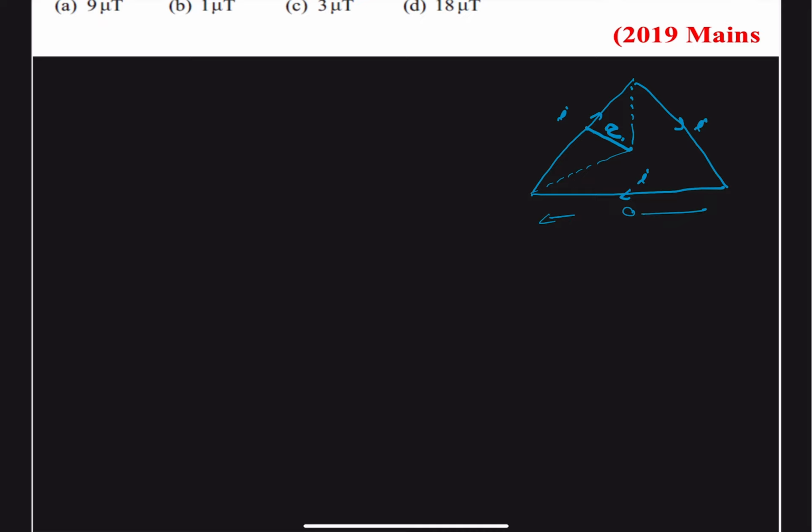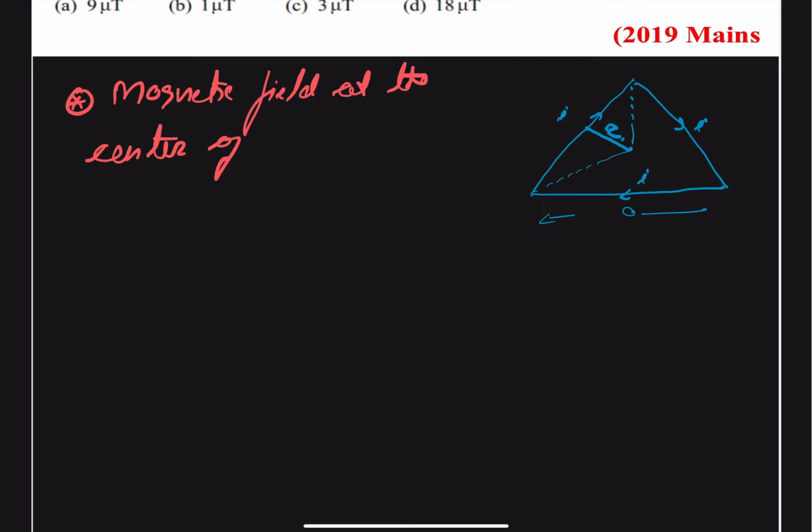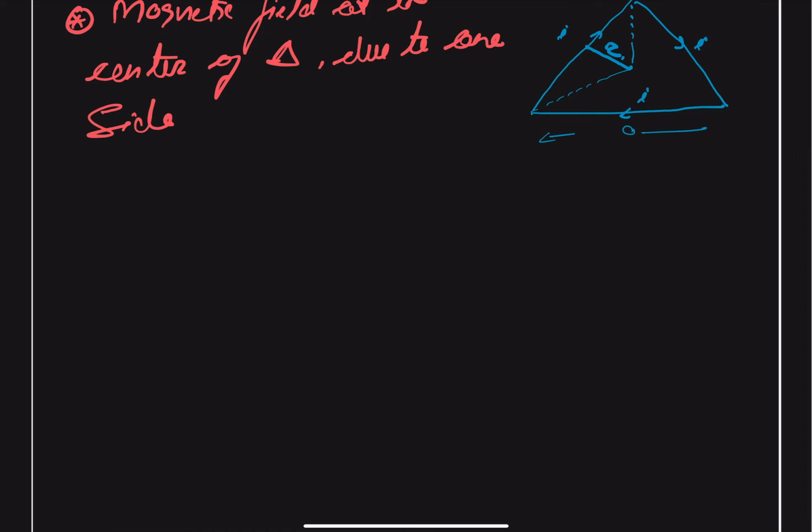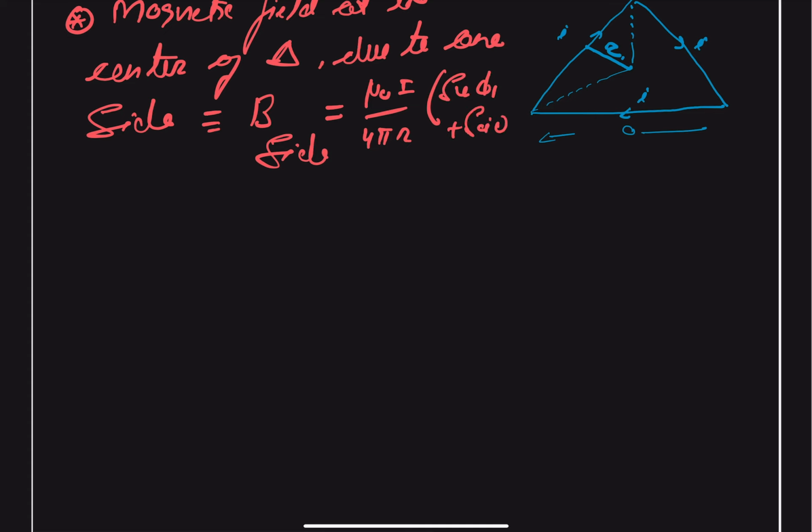And we know now this is a finite wire, so we can write that magnetic field at the center of triangle due to one side, let us call it B side, will be equal to mu naught I upon 4 pi r, and this comes as sine of phi 1 plus sine of phi 2.